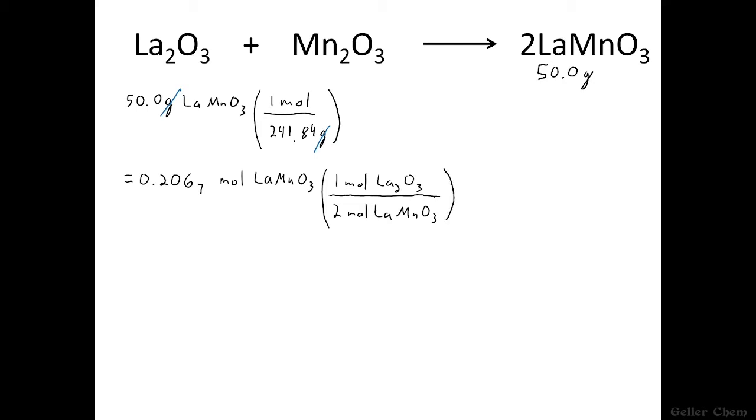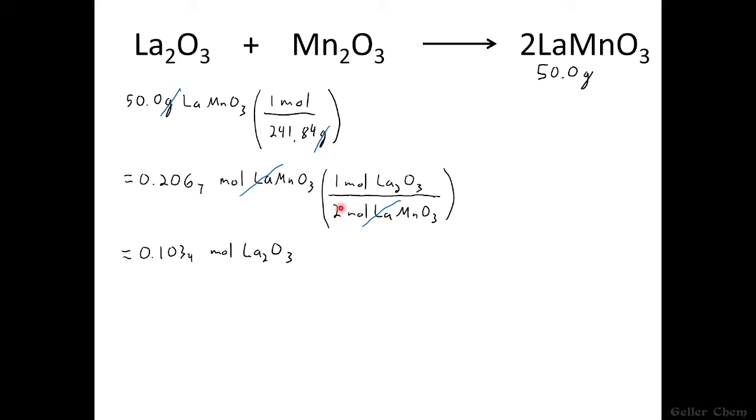Notice that once again, the units that I'm starting with and trying to get away from will cancel, and when I do the math, I'll get 0.1034 moles of La2O3. Notice again the sig figs. Just as surely as this is a 3 sig fig number, this is also a 3 sig fig number, but I'm still keeping one extra digit of data because I'm not done with the problem.